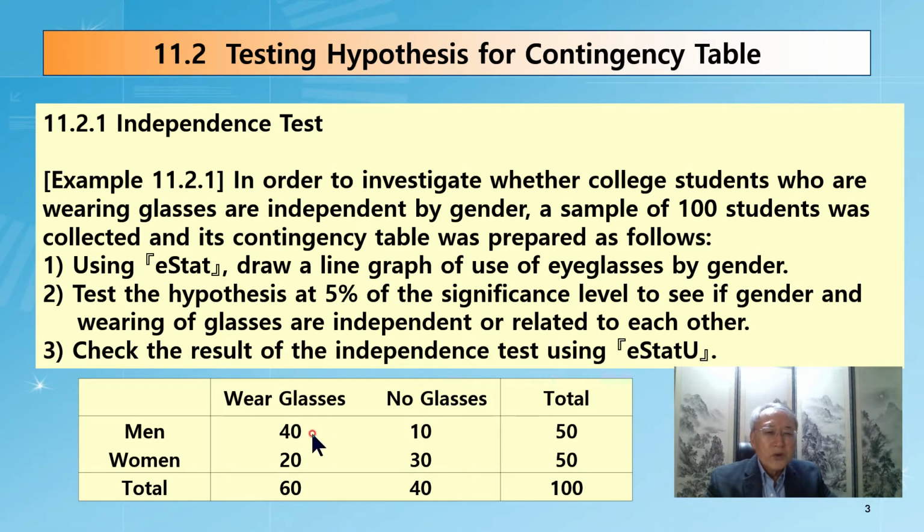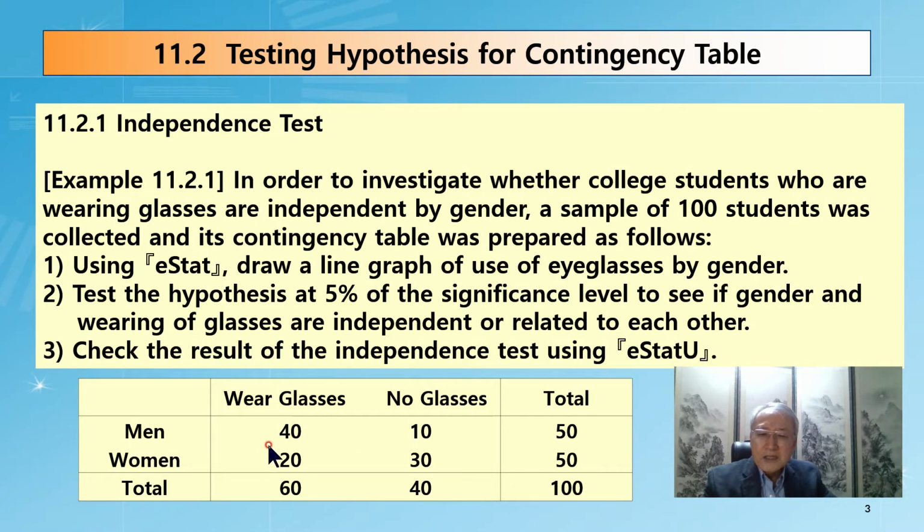We call that related. Man wearing more glasses, woman not wearing glasses. There is some relation between the two variables. Gender and wearing glasses are related. But is it statistically significant? That is what we'd like to check.